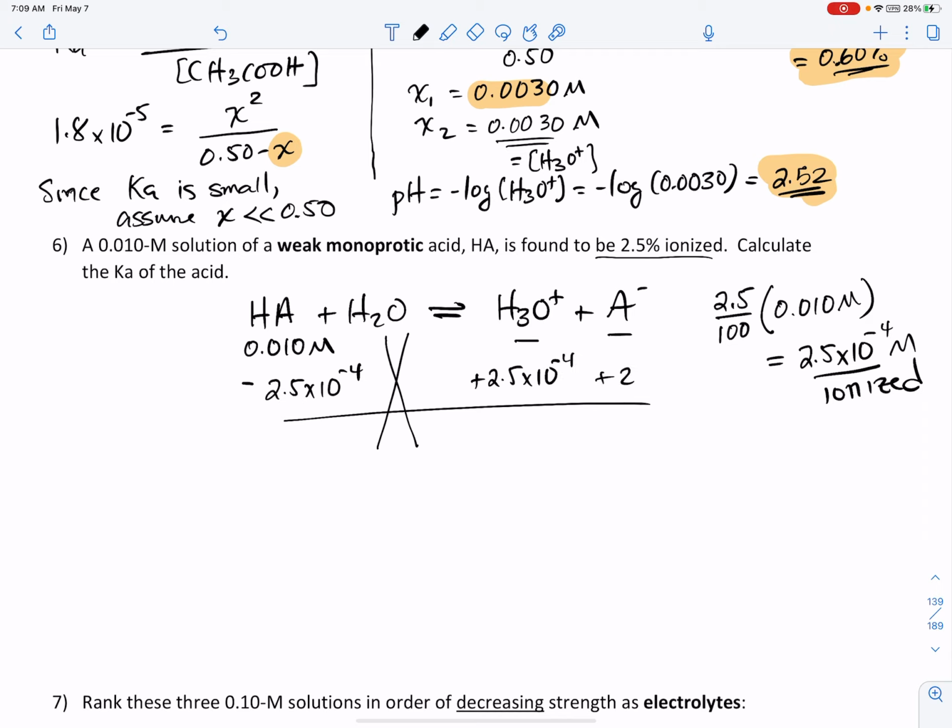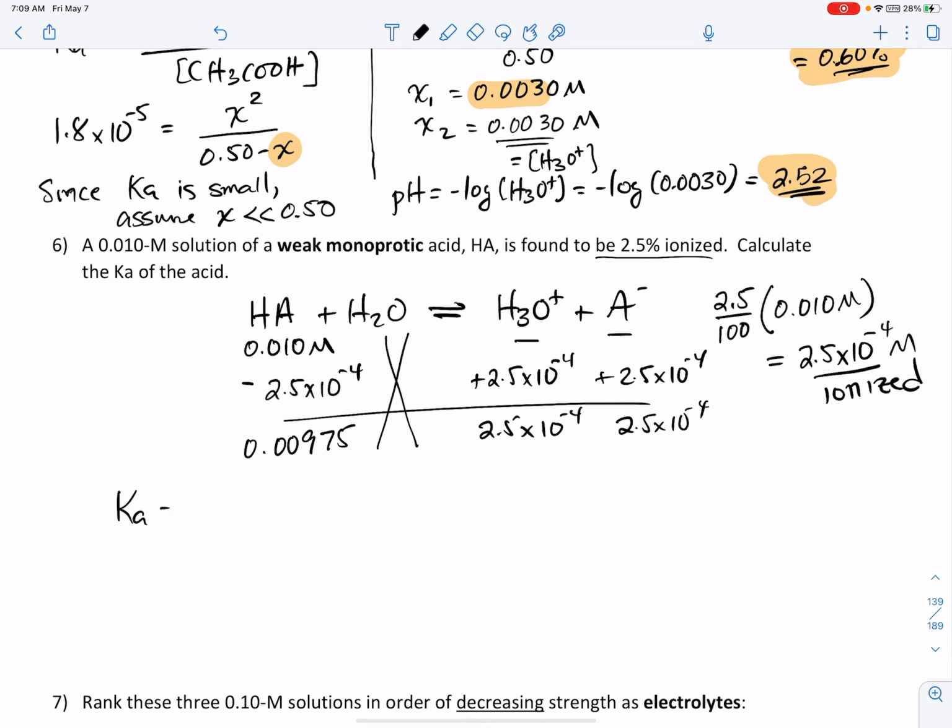It's a 1-to-1 ratio. And when you take 0.01 minus that small number, now we have 0.009. I'm going to be a little bit loose with my sig figs here, and I'll round off at the end. So there's my concentration for HA.